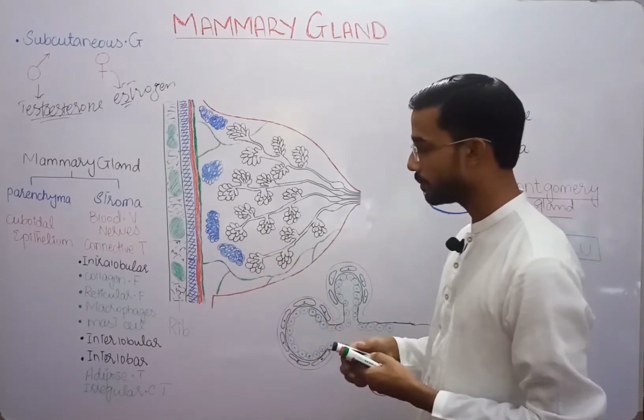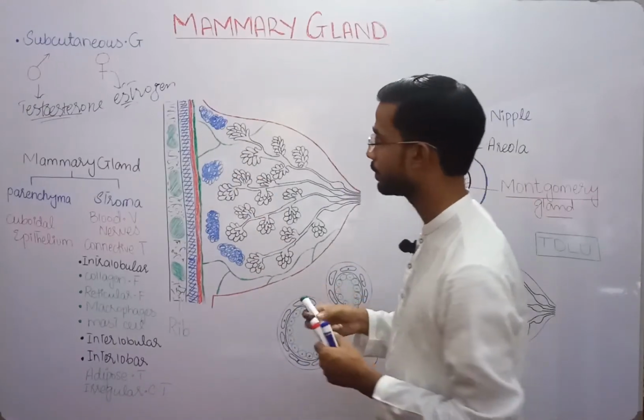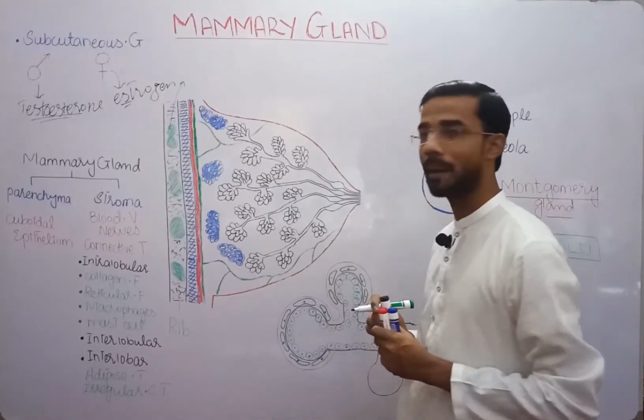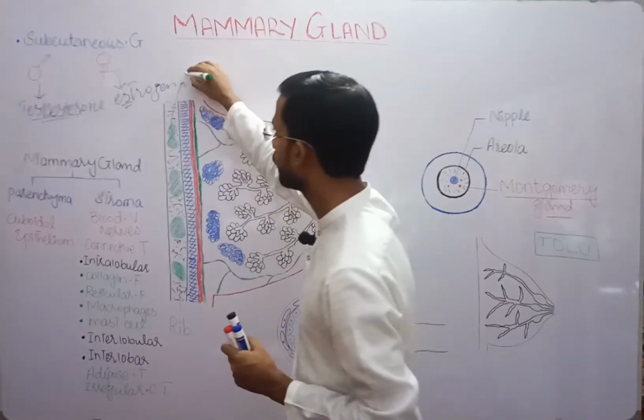Here you can see the lateral view of the mammary gland, and here are the ribs.